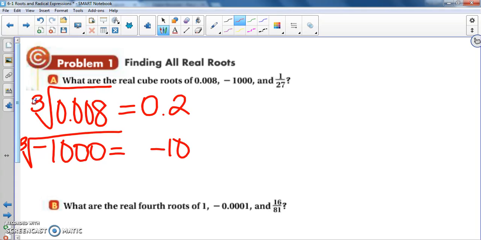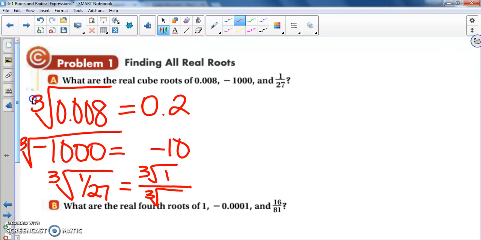So negative 10 is the only cube root of negative 1,000. And the cube root of 1/27 is the same thing as the cube root of 1 divided by the cube root of 27, which is 1/3. So 1/3 is the only real cube root of 1/27.